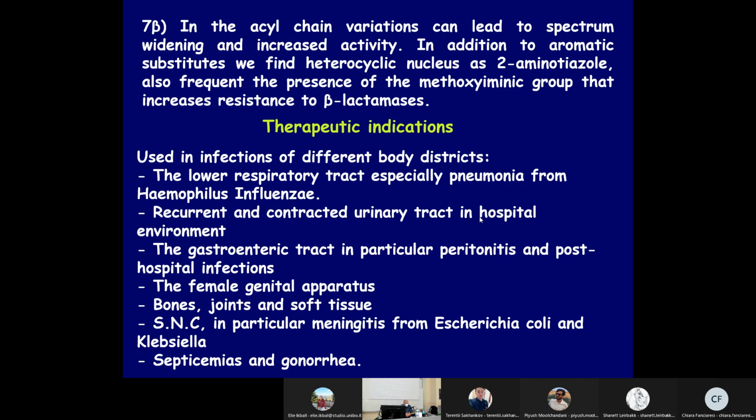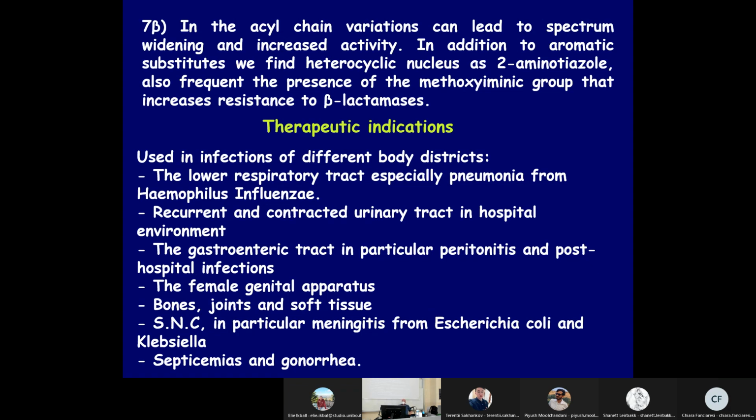You know that in a hospital it's very easy to take infection from resistant bacteria. Gastroenteric tract infections, female genital apparatus, bones, soft tissue, meningitis.